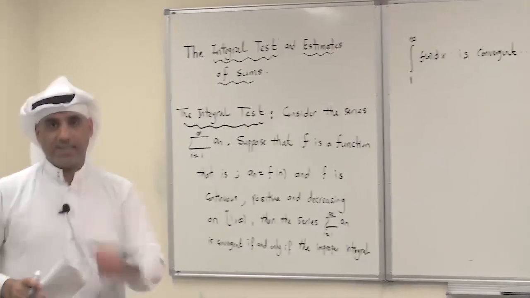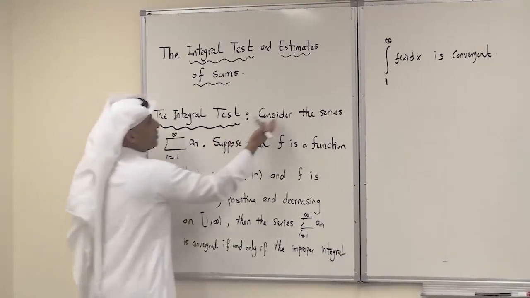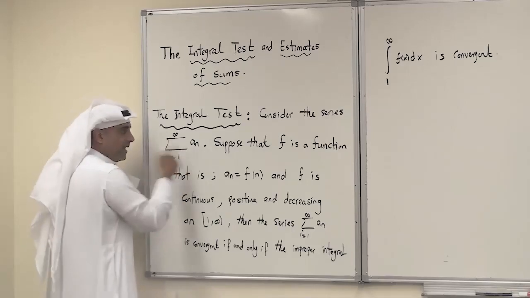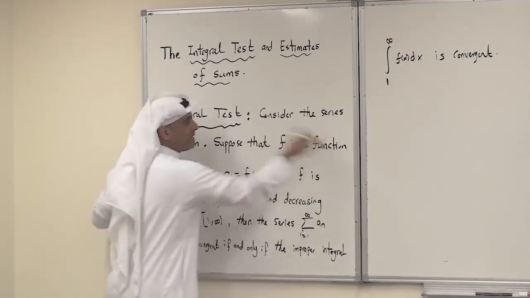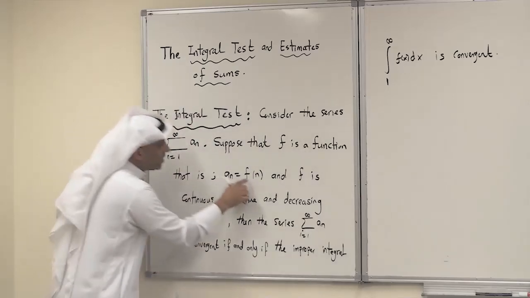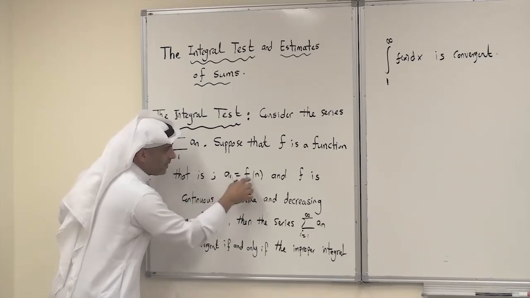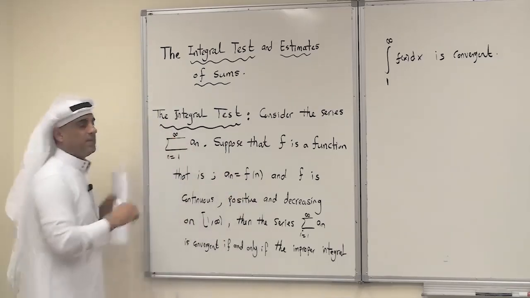So what is the integral test? The integral test says we are considering an infinite series, the sum from n equal to 1 up to infinity of a_n. We suppose that we can define a function f that agrees with the series at the points: f(n) is equal to a_n. We need three properties now.